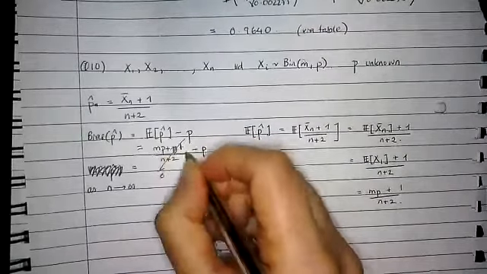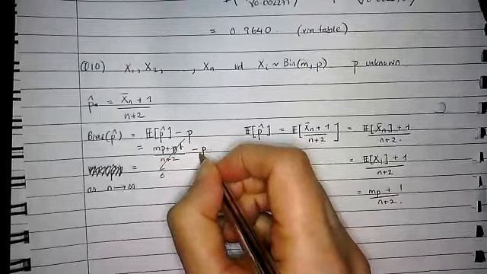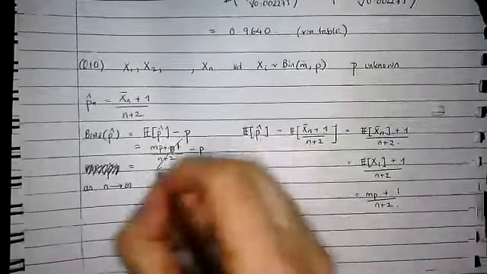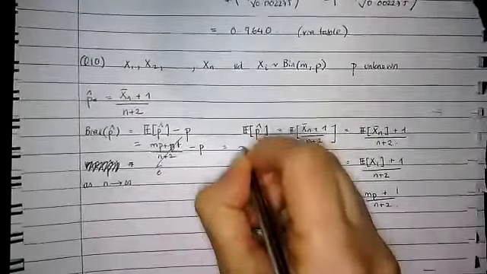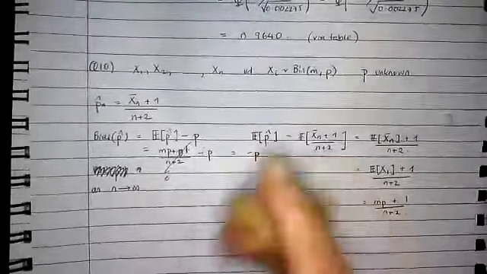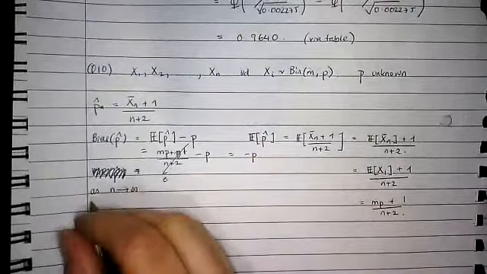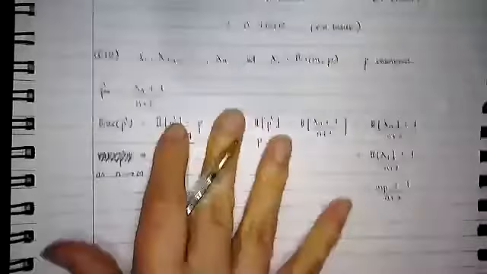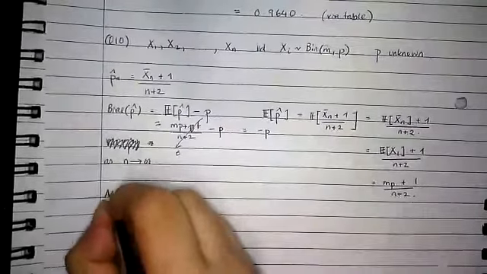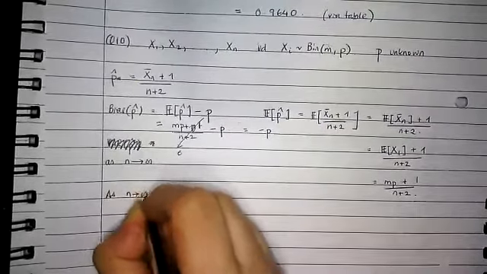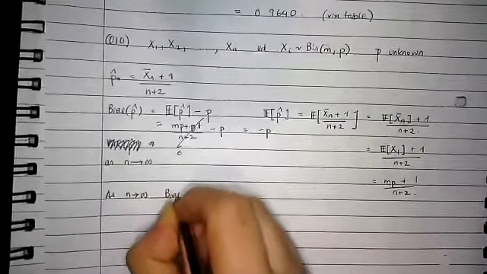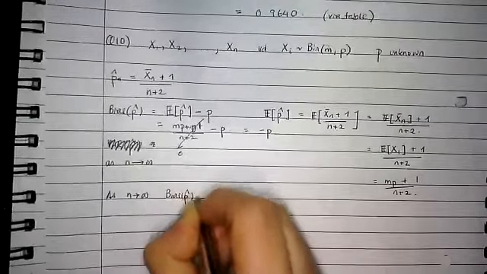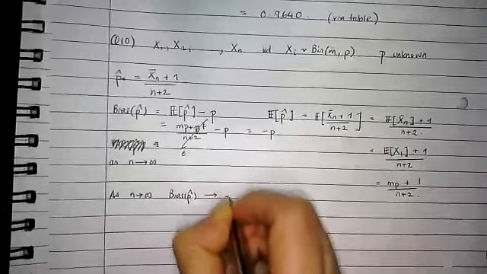This term stays the same because it has no relation to n, so I should have minus p asymptotically. As n tends to infinity, the bias of p hat is going to tend towards minus p.